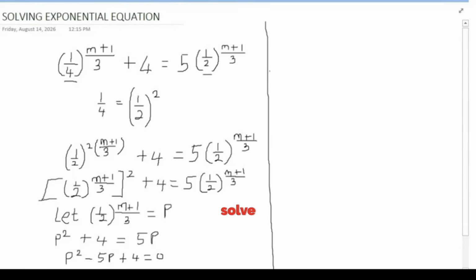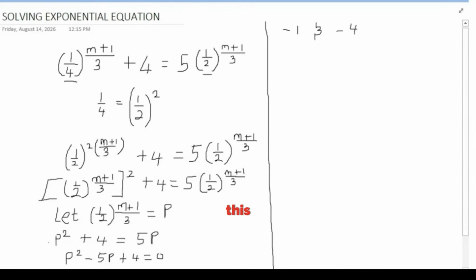To solve it, we need two numbers such that when we multiply them together, they give us plus 4, and when we add them together, they give us minus 5. The two values that work are minus 1 and minus 4.